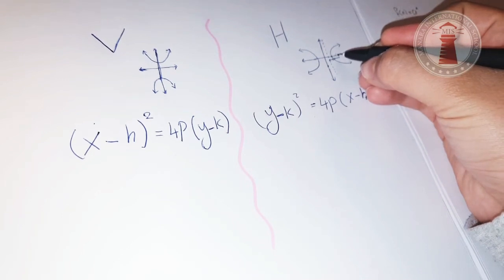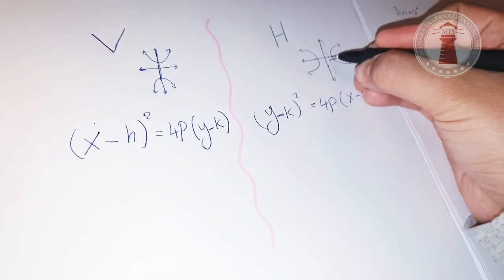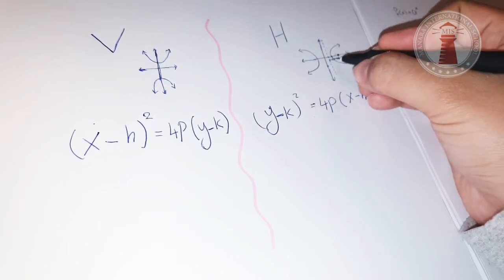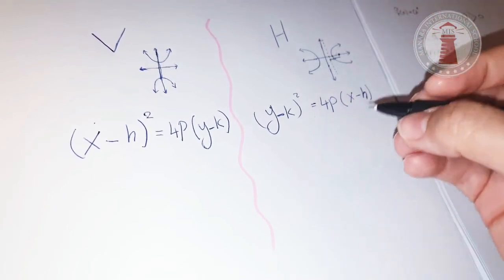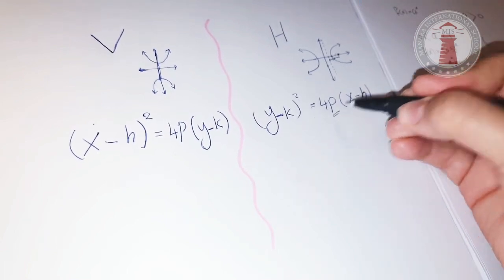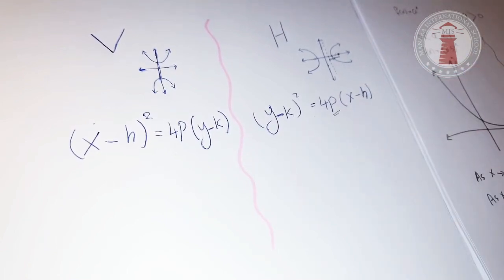This distance between the focus point and the vertex, or between the vertex and the directrix, is called P.